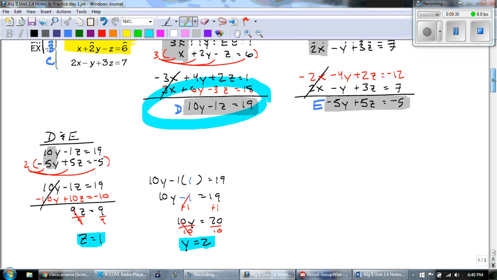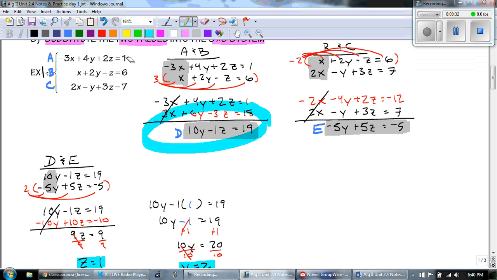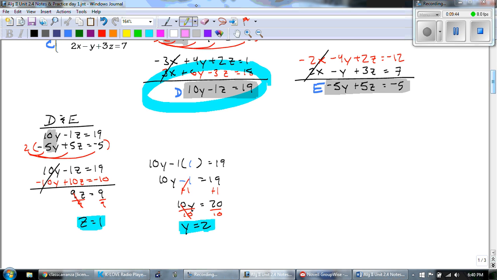So to go back and find x, here we go. I'm coming all the way back here, and I'm going to use b because x is already by itself. As I'm typing back into b, I'm going to write the equation down exactly what it says. It's going to be x plus 2y minus z equals 6.